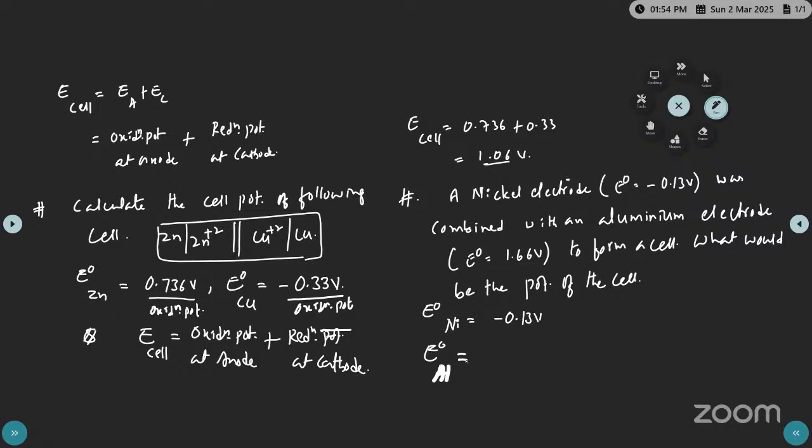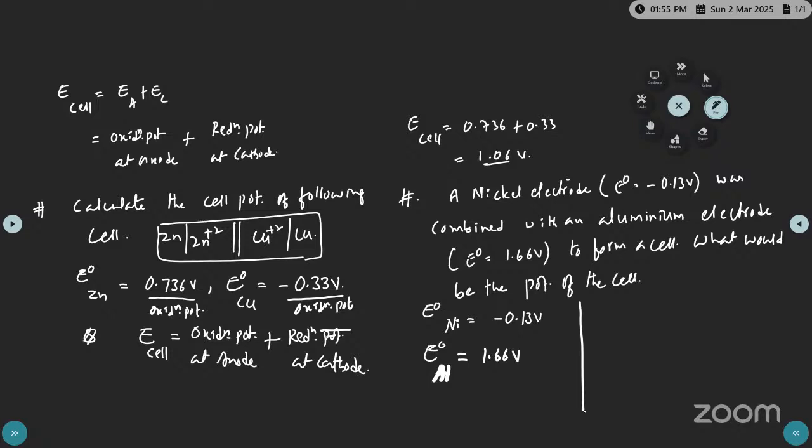E naught of aluminum is 1.66 volts. In these two, which has higher potential? Aluminum has higher potential, so it acts as anode, and nickel acts as the cathode. So what is the formula?